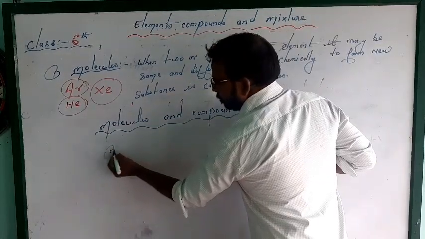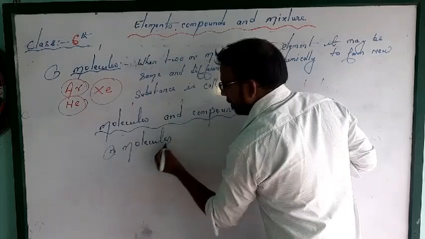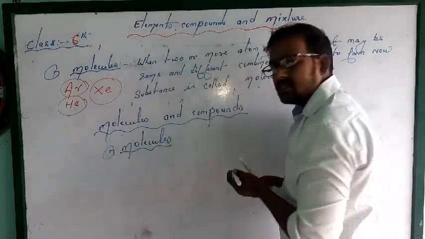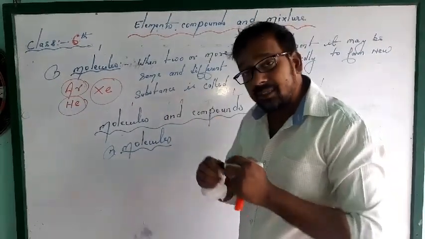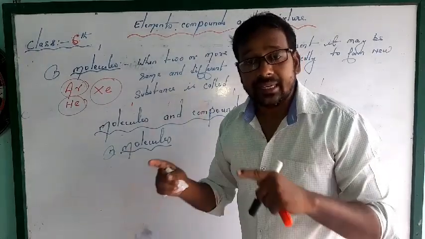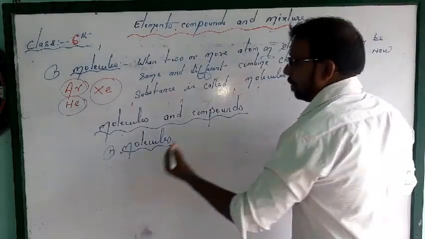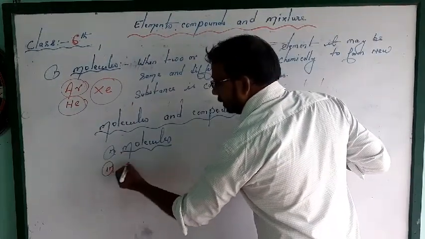First, molecules. Molecules already we have discussed. Molecules we have discussed when two and more atoms combine chemically. It may be atom of same element, it may be atom of different element. But in the case of compound, it is totally different.